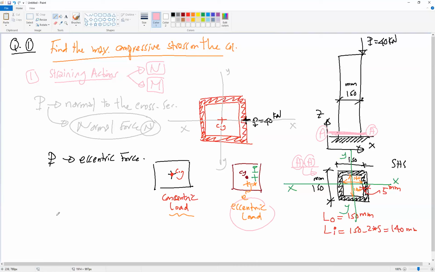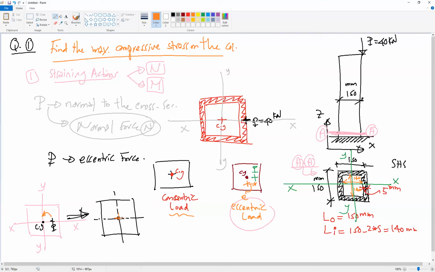For eccentric loading, if we have an eccentric load here, with y, x, we can simplify the case using static simplification, by transferring this load P to the CG.